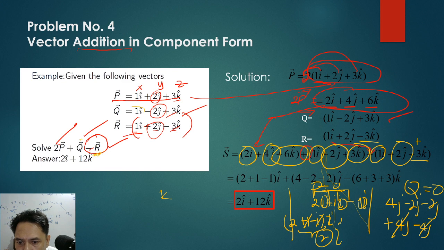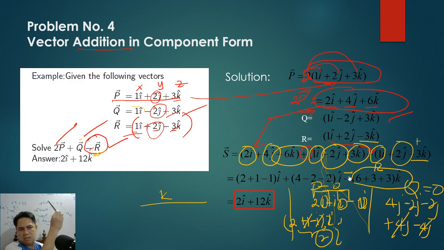So all the K we collect, because of the minus R here. Let me emphasize this here. Minus R. So all this R is preceded by the negative sign. So we collect the K.